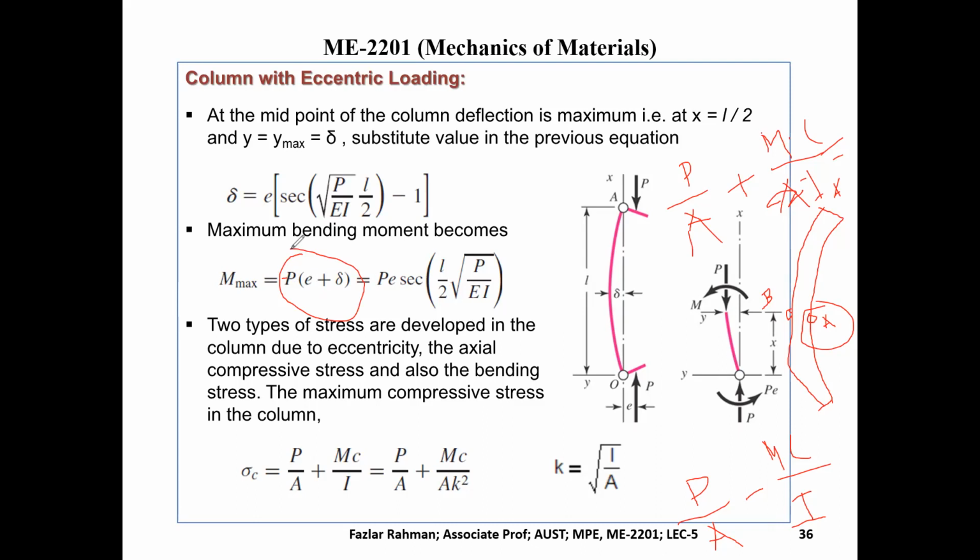You need to avoid eccentricity because it creates a compressive load. Due to the eccentricity, it creates one more extra compressive load. If both add together, it makes the part heavier and the part is going to fail. Okay. So right over here, you can just ignore this negative sign.